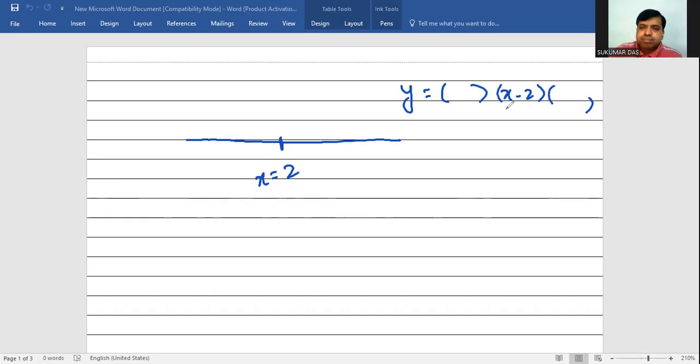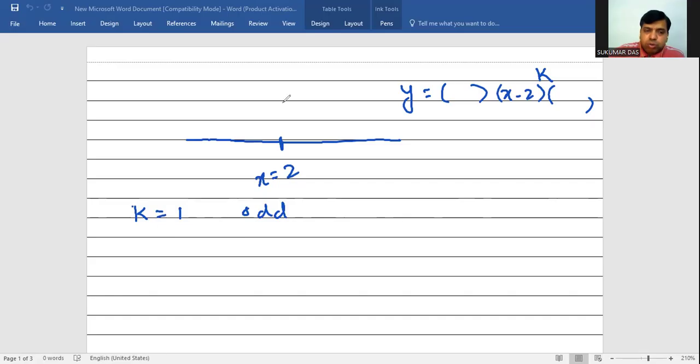There are other factors also, but we are concerned with just one root, and how the graph will be affected by the multiplicity. So let us take x minus 2 to the power k, where the multiplicity is k, just as a general idea. Now if k is equal to 1, the simplest odd multiplicity, then it is an odd multiplicity.